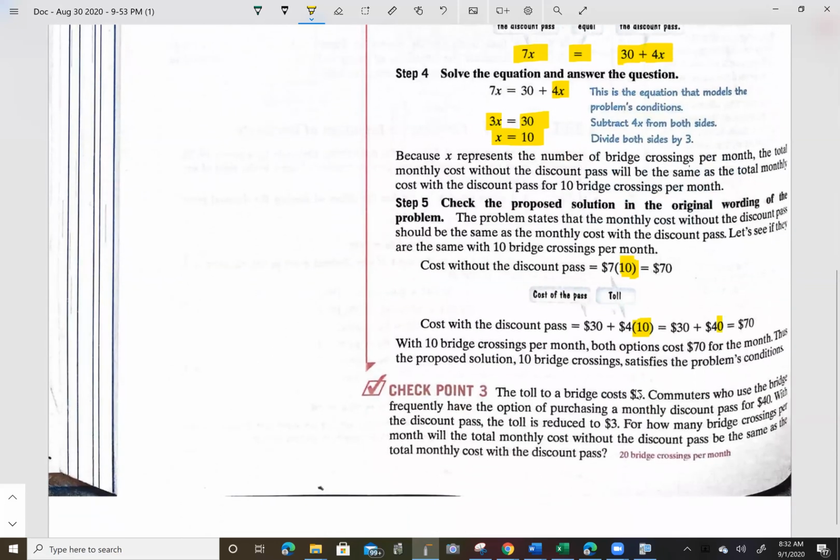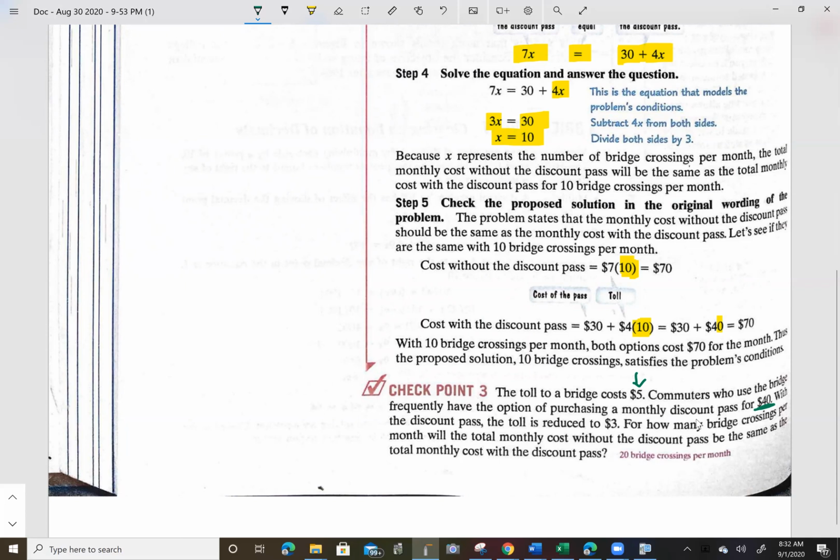All right, let me help you set up checkpoint 3. The toll bridge costs $5. So every time you cross the toll bridge, it is $5. Okay. Commuters who use the bridge frequently have the option of purchasing a monthly discount pass for $40. So it's the same question, they're just doing different numbers.